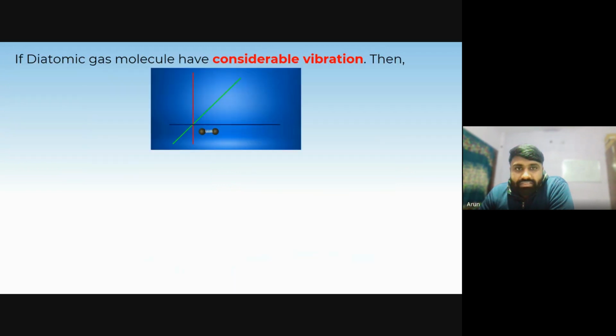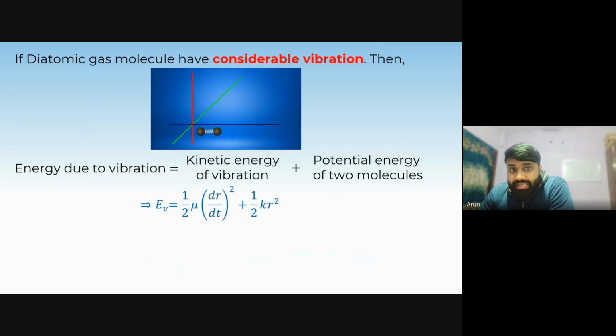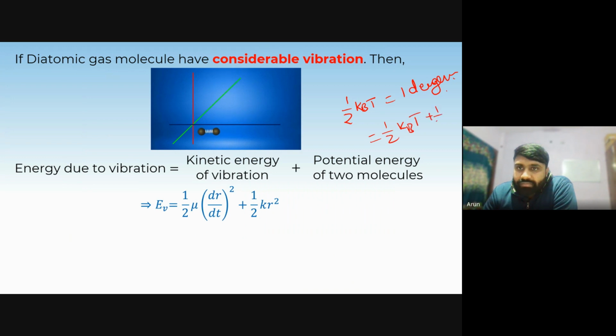But in this expression we have two square terms, one for kinetic energy and another for potential energy. So half kBT is for 1 degree of freedom, but it now has two terms, so it is half kBT plus half kBT. So the energy due to vibration becomes kB T. Got it?